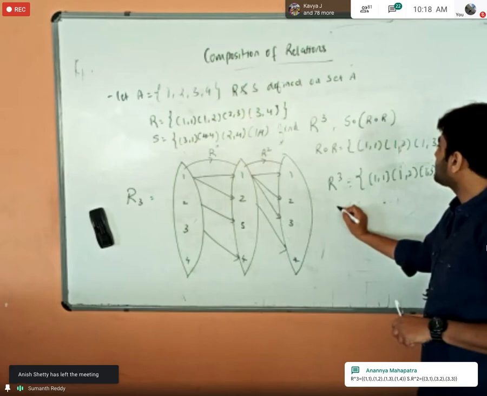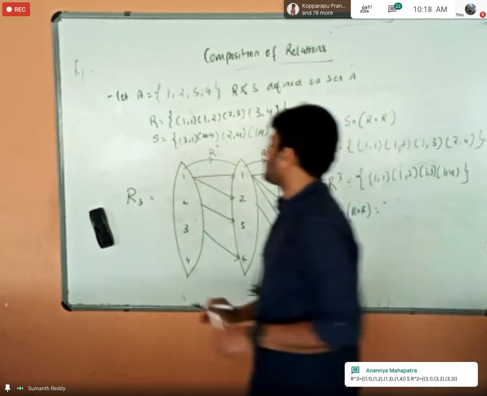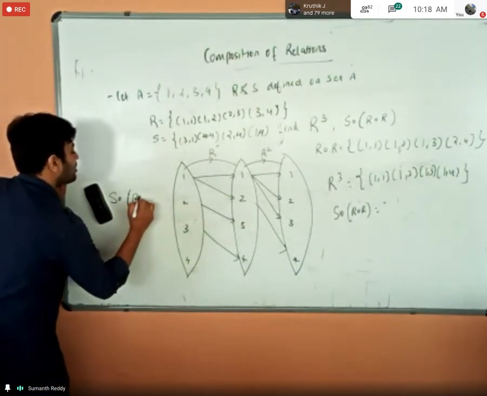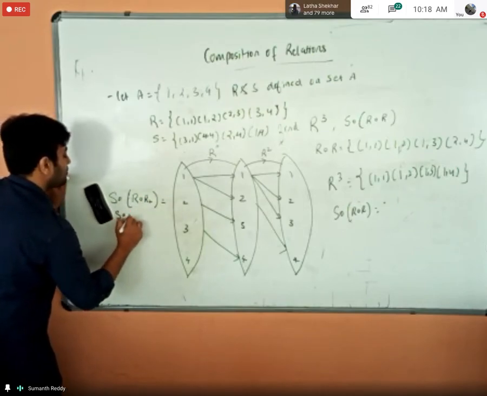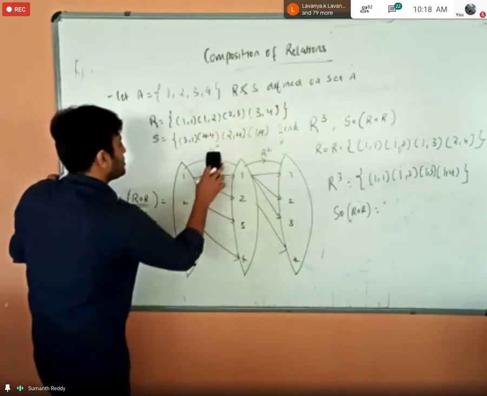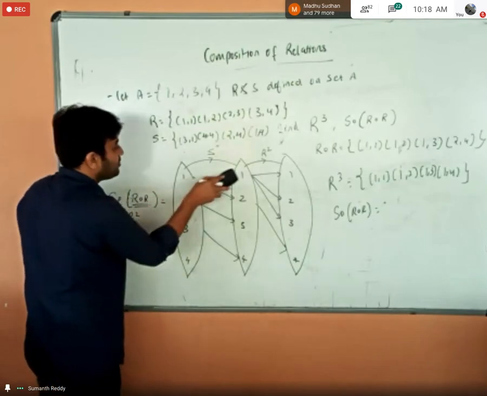Similarly, what is S composition of R composition of R? The second one, S composition of R composition of R, is also equal to S composition of R square, because R composition of R is R square, right? So I will change this; this will become S now.